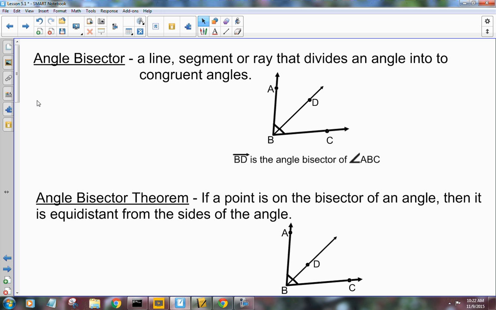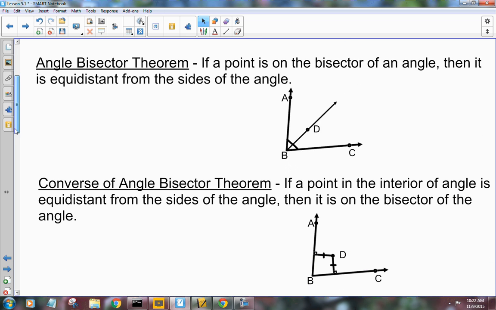We have what's called the angle bisector theorem, just like we have the perpendicular bisector theorem. The angle bisector theorem says that if a point is on the bisector of an angle, then it is equidistant from the sides of the angle. So we have an angle bisector right here, and this theorem says that any point, so I've got point B here, any point that lies on that bisector is equidistant to the sides of the angle.